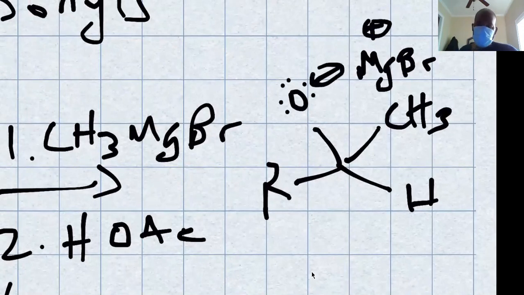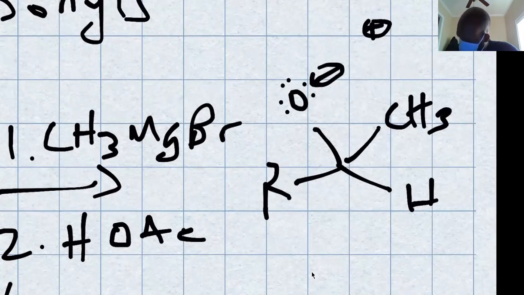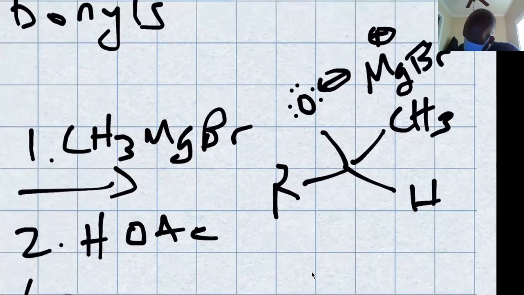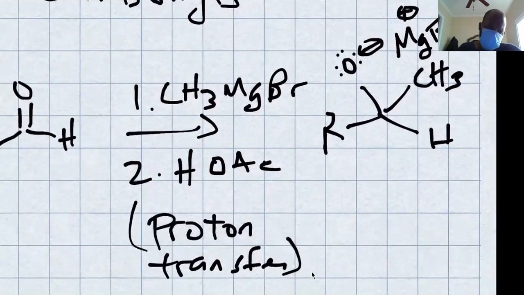So oxygen is negative, the magnesium is positive, like that, right? And then you'll notice over the arrow that says one.